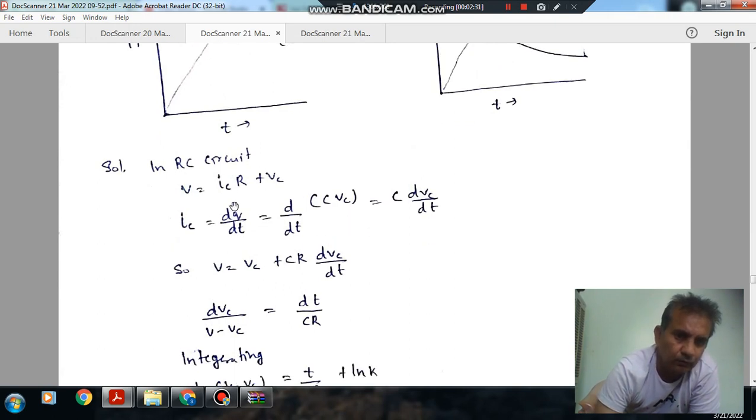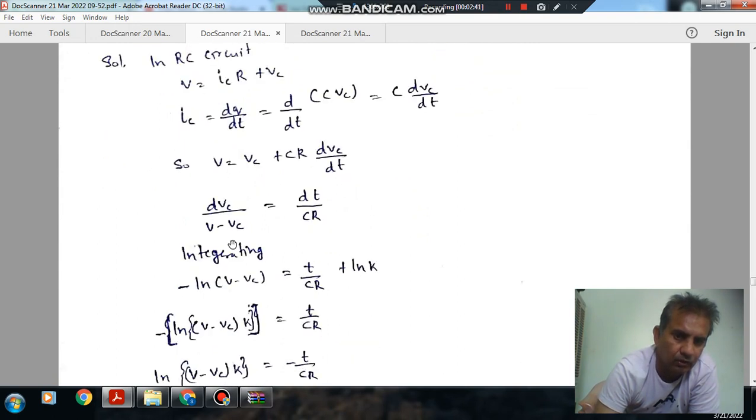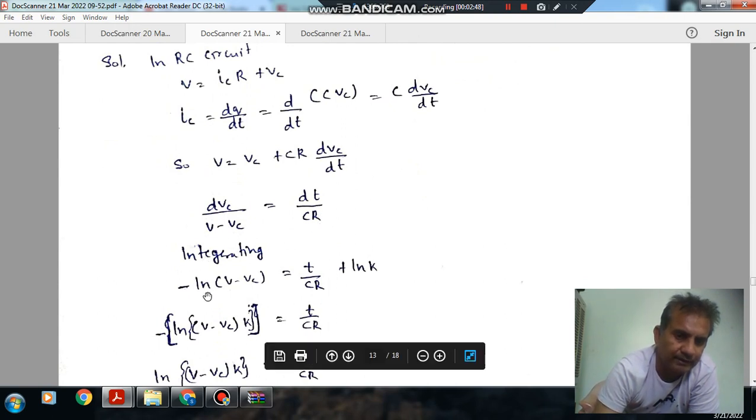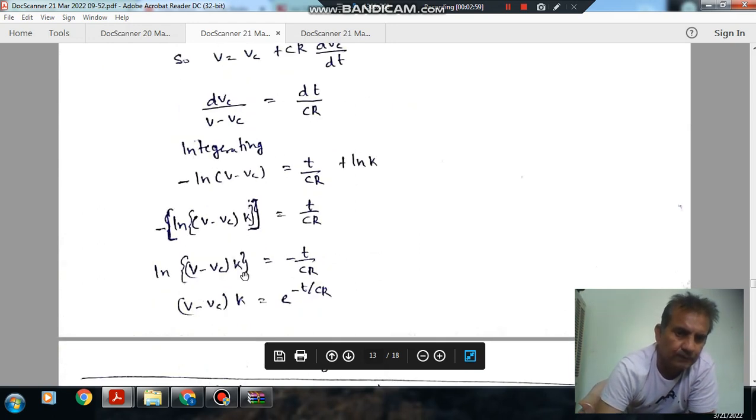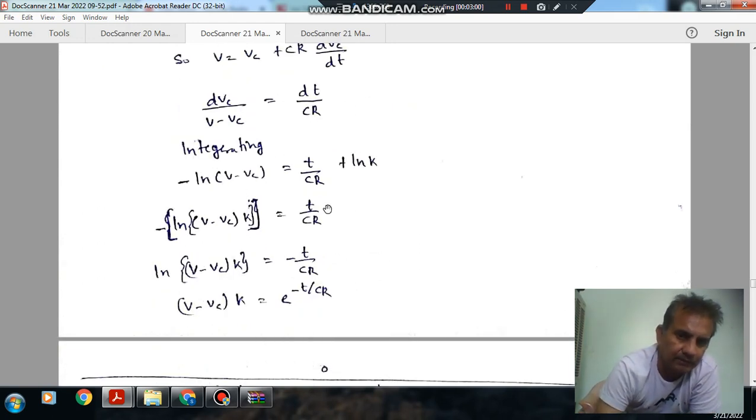Now this can be written as V is equal to Vc plus CR dVc by dt, or dVc by (V minus Vc) is equal to dt by CR, or it is equal to minus ln(V minus Vc), and t divided by CR plus ln K, where K is a constant.